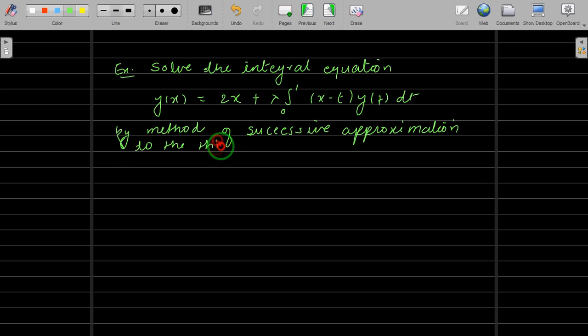That means you have to find up to y3, third order.